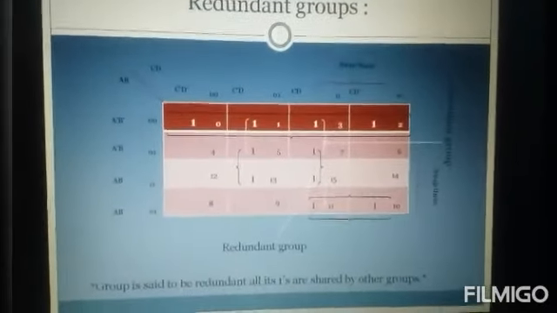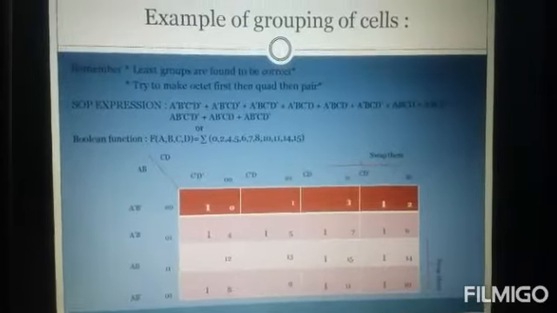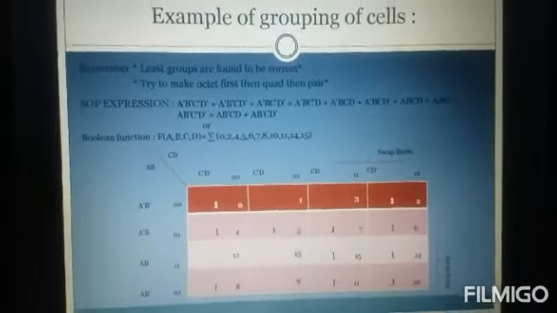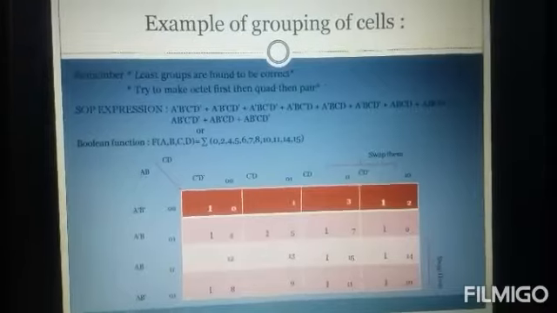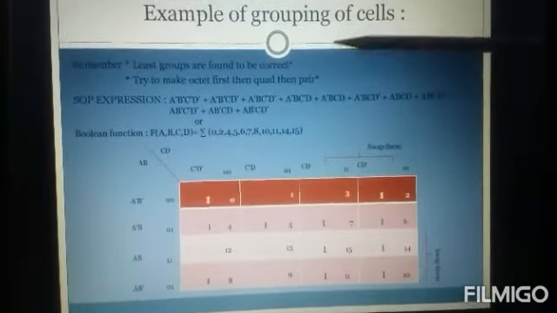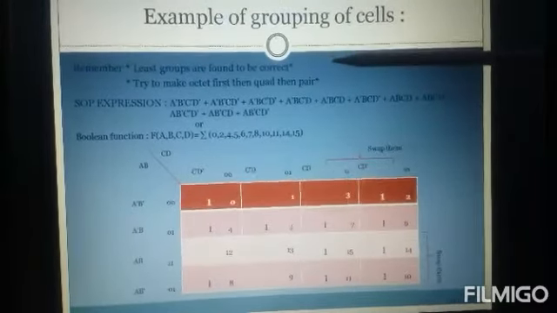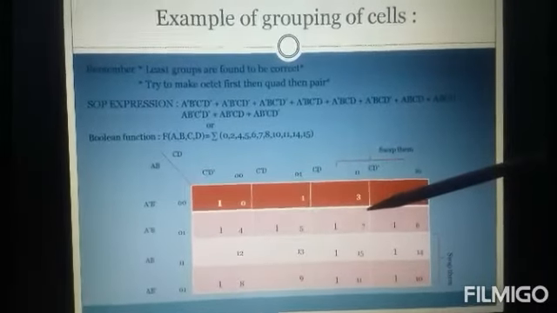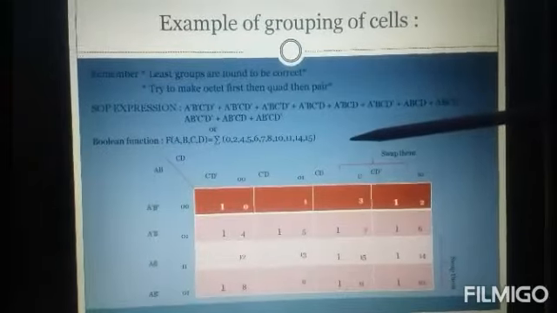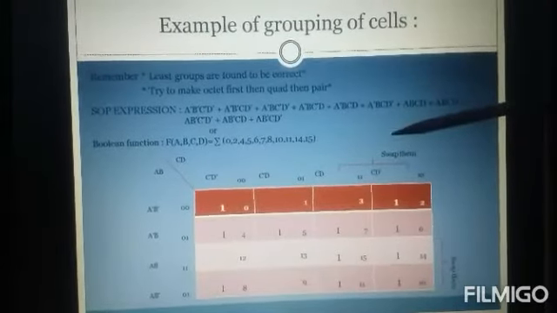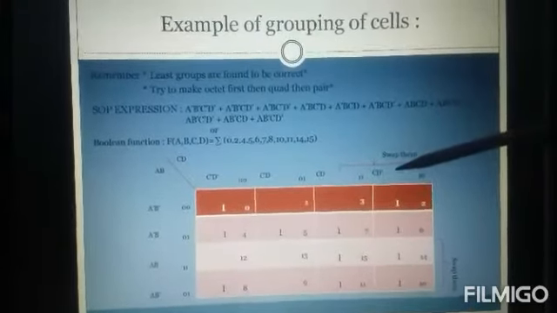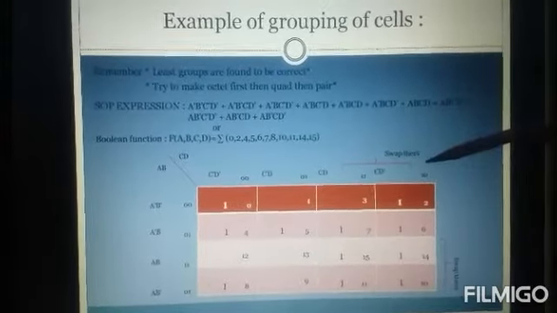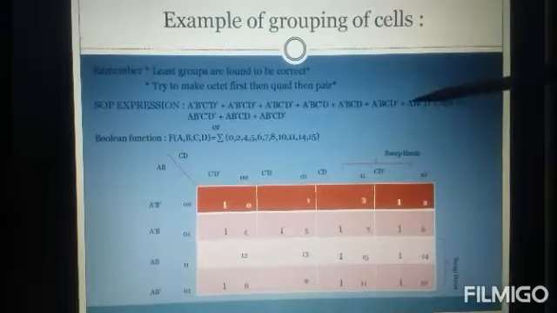Then the next one, I'll create one example for you all. See, first of all, what you have to remember, the least groups are found to be correct, means you have to create least groups. Means if one had created one octet and 2 quads, and another one had created 4 quads and 1 pair, means correct one is octet one.